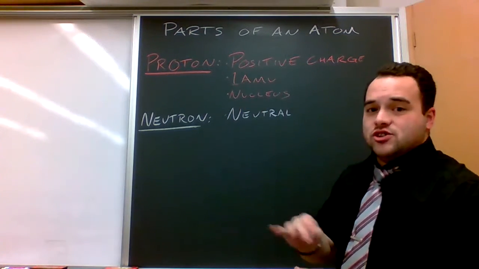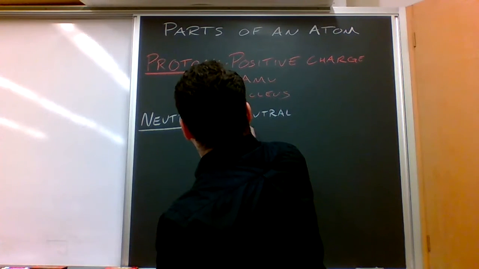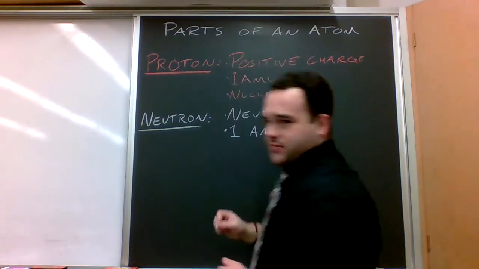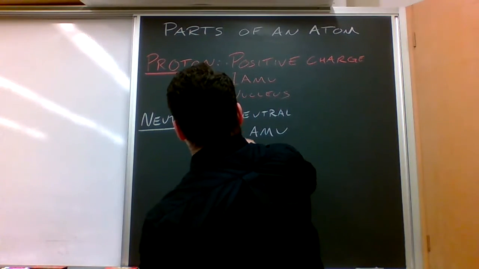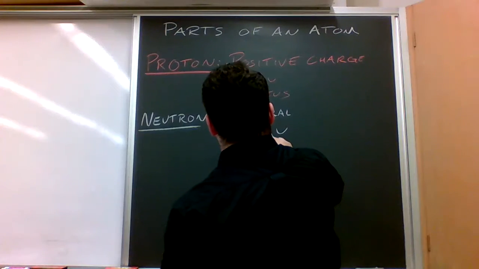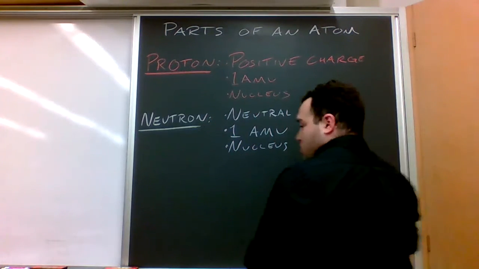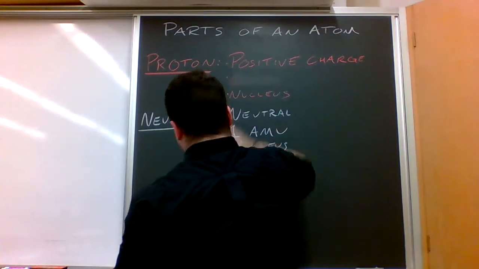Which means that it has no charge at all. This is also one atomic mass unit, just like the proton, and it is also found in the nucleus. And I'm going to rewrite atomic mass unit here because that looks like a hot mess.